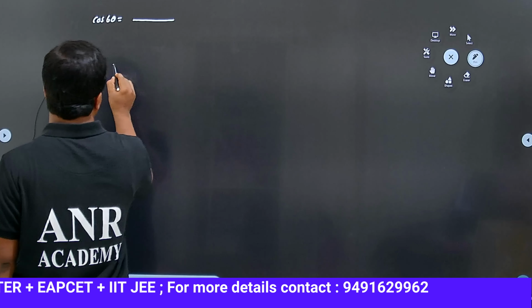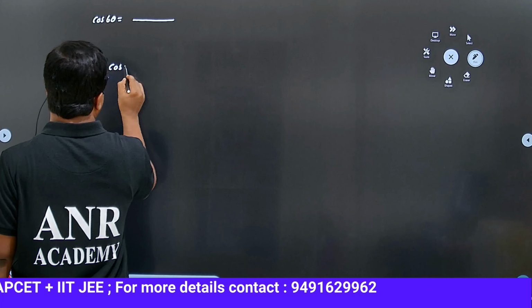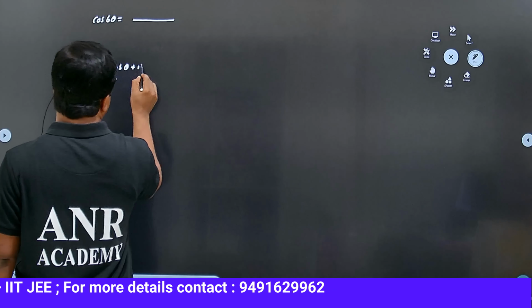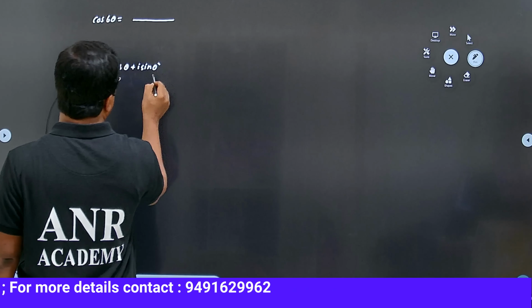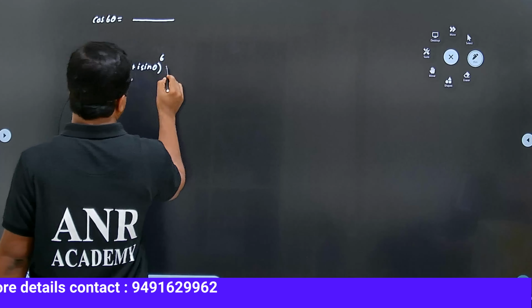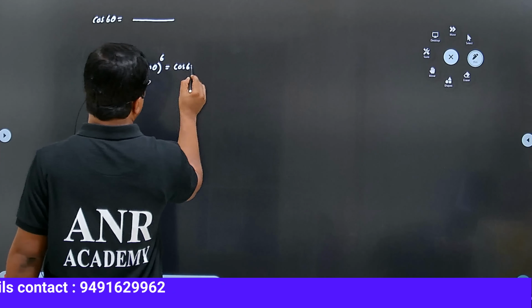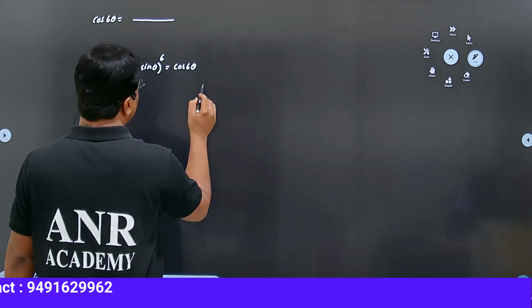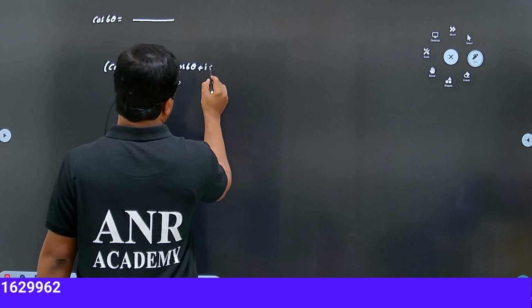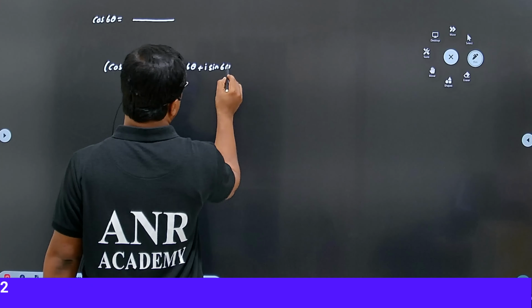First I am going to write (cos theta + i sin theta) whole to the power of 6. Using De Moivre's theorem, it is cos 6 theta + i sin 6 theta.